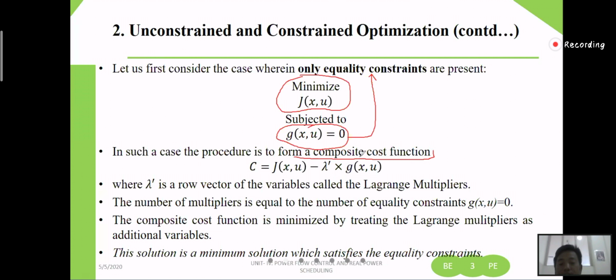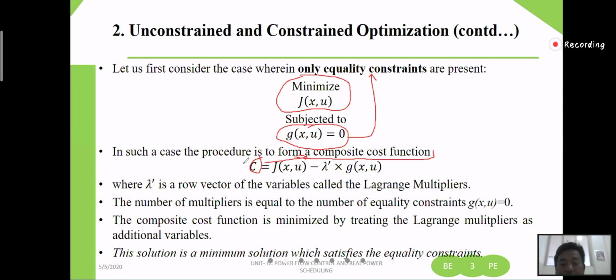Actually this C is the composite cost function, so it will be equal to J(x, u) because we are minimizing this, but it has to fulfill the equality constraint. So now we have to form the composite cost function like this.